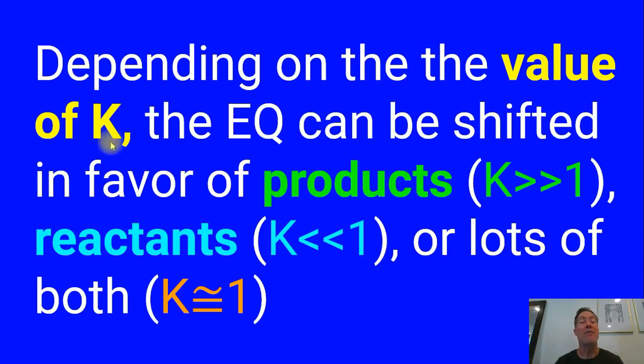Depending on the value of K, we can see that the equilibrium can be shifted in favor of products. That's where K is going to be much larger than 1. Or it's going to be shifted in favor of reactants, and that's when K is much, much less than 1. Or we can have a lot of both, and that's when K is approximately 1.